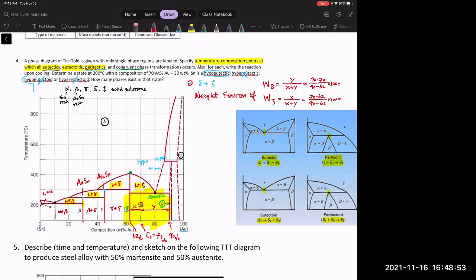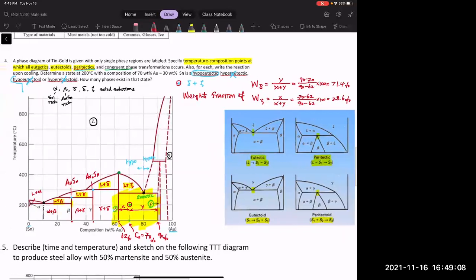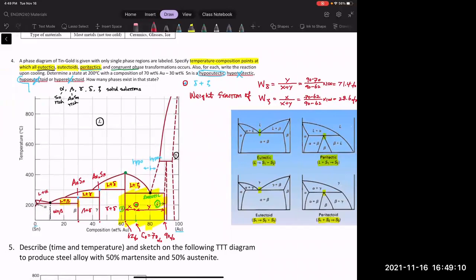Okay, so if you do the calculation, this one turns out to be 71.4%, and this will be 28.6%. Okay, so that is what we have in here.